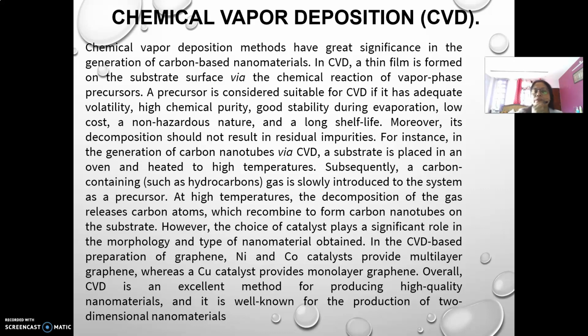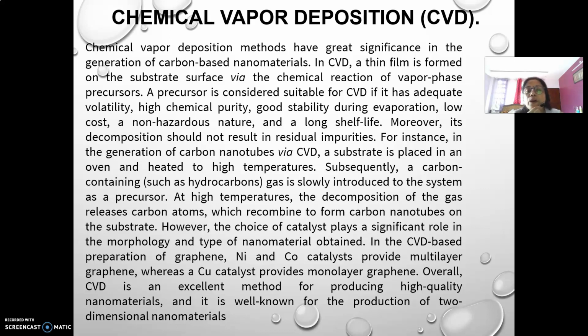a particular solid surface. However, since we want the chemical reaction to happen in the vapor phase, the reactants which we take for chemical vapor deposition must possess some characteristic qualities. The first is adequate volatility, because if the substance is not readily volatile, then we will have to spend a large amount of energy to make it volatile.